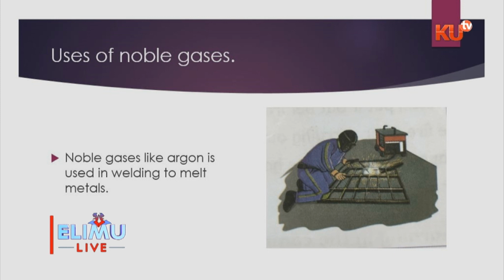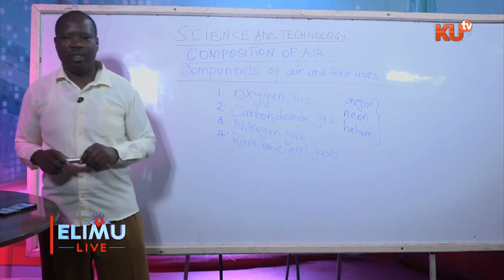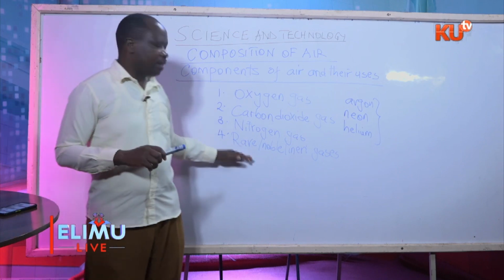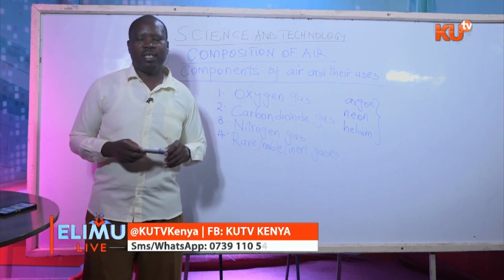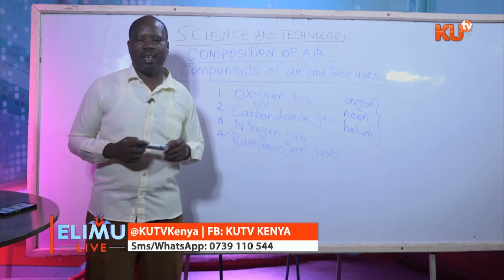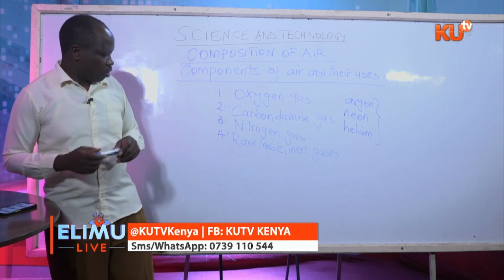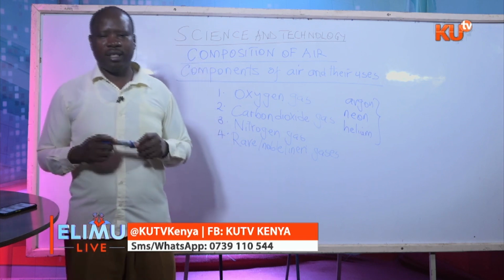And with that, we quickly look at the uses of rare gases. The last one that we have just finished dealing with is that these noble gases are used by welders in welding machines to melt metallic materials. So noble gases are used during welding.